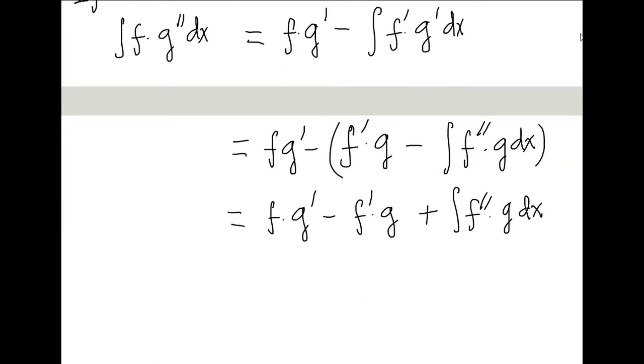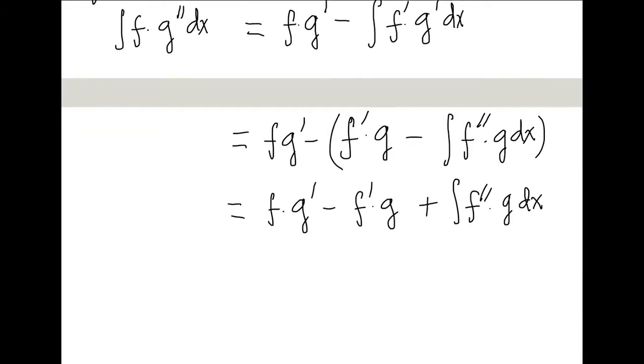So you see that we could keep going, and instead of beginning with f g double prime, we may begin with the third derivative of g, etc. Then we have a longer formula. But to summarize the process and to make it easier to memorize, we make it into a table.